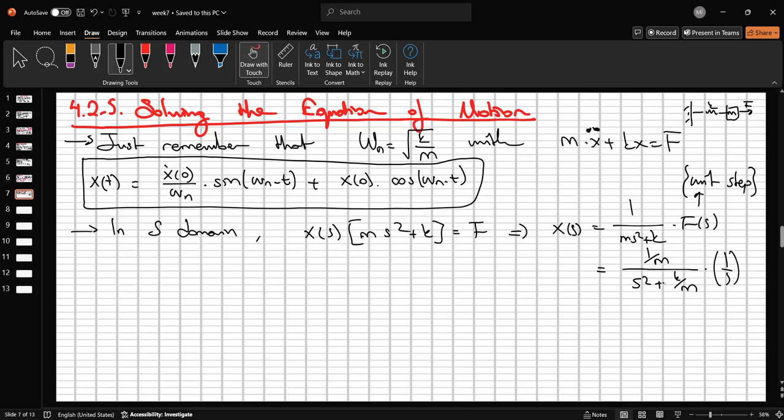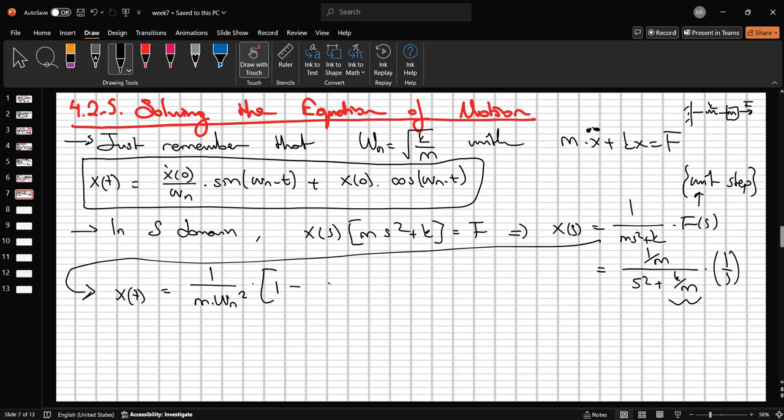So anyone knows that? Omega n squared. Yes, this is our solution. So if we take these values, x(t) is equal to 1 divided by (m omega n squared) times (1 minus cos omega n t).